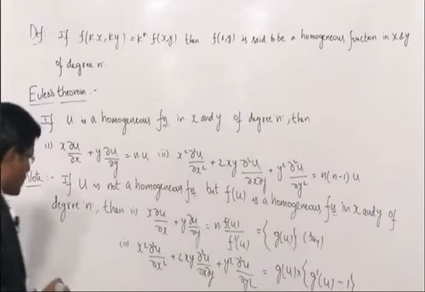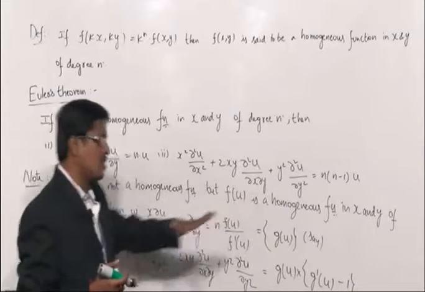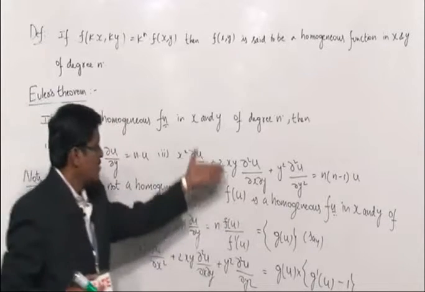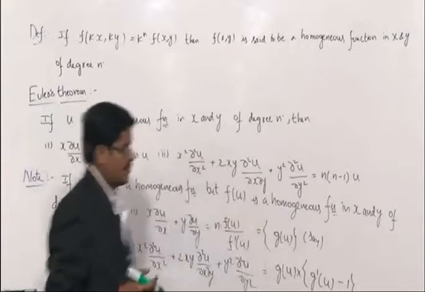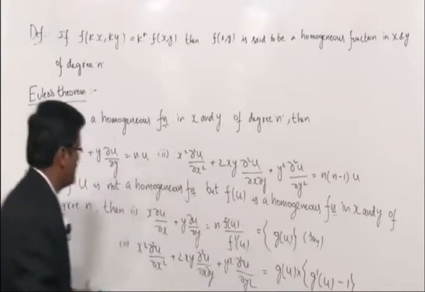Just learn this note point by heart, that is Euler's theorem. Whenever f of u is a homogeneous function, then these results have the RHS with a small change. Okay, these two results are modified as this one.